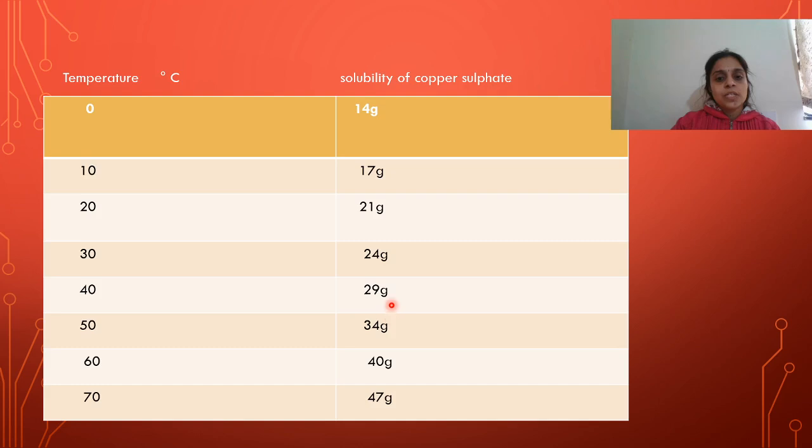So the rest, 29 minus 21, 8 grams will crystallize out, right? The solubility decreases. Such questions you'll get. So when you decrease the temperature, it decreases the solubility. When 40 degrees has been decreased to 20 degrees, 29 minus 21, so 8 grams will crystallize out. It will not dissolve, right? It separates out.